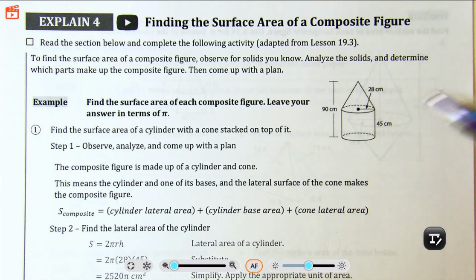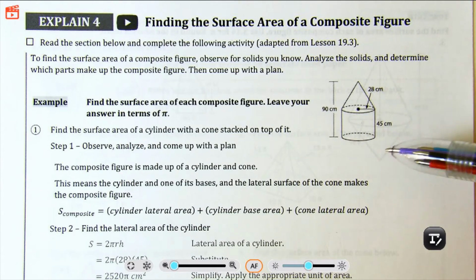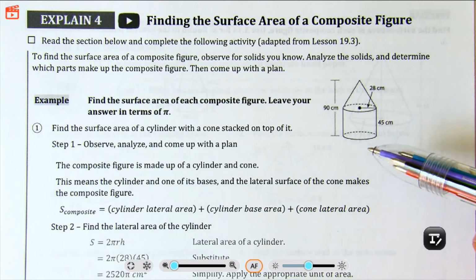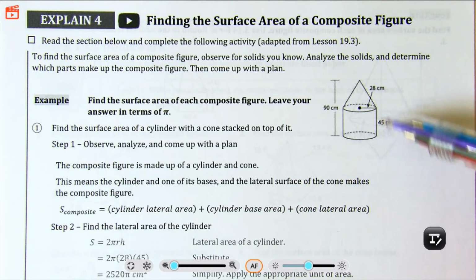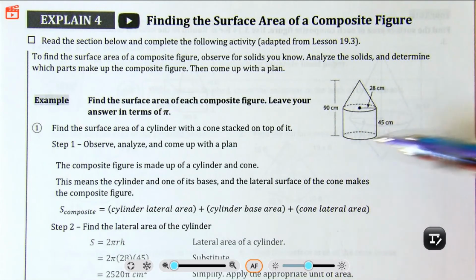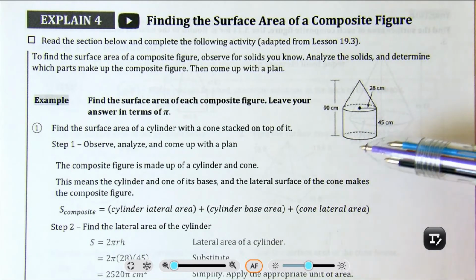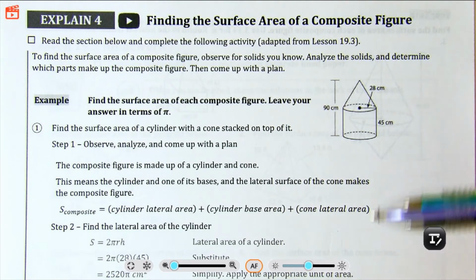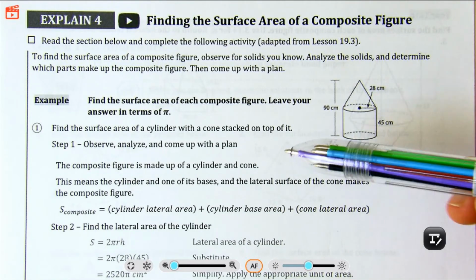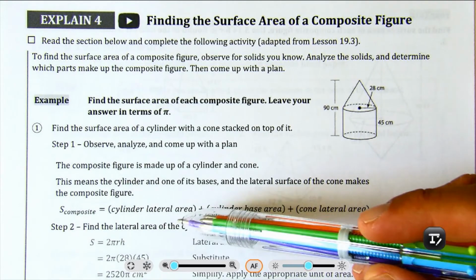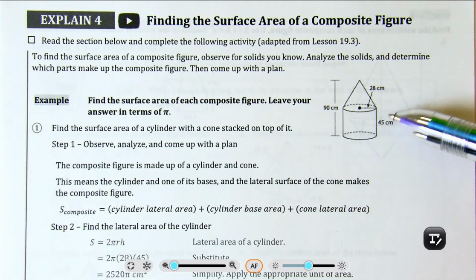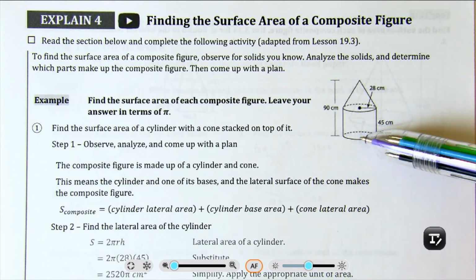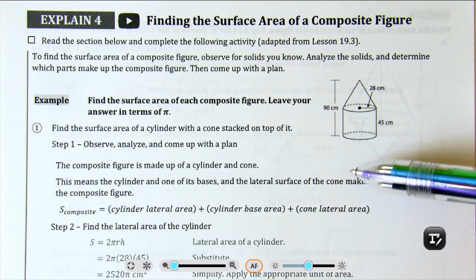What we need to do is find the surface area of the figure. But we notice that we don't need the bases of the cylinder, so we have a modified equation that we use. Find the lateral area of the cylinder, so just the sides of the cylinder. Find the base of the cylinder, and then find the lateral area of the cone.